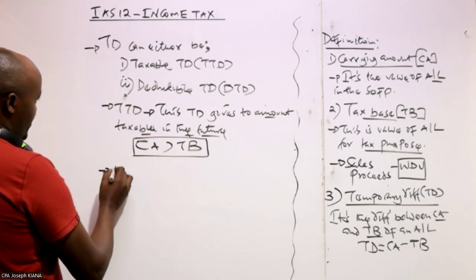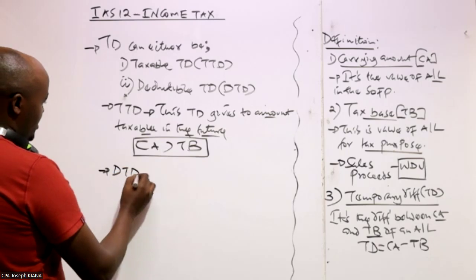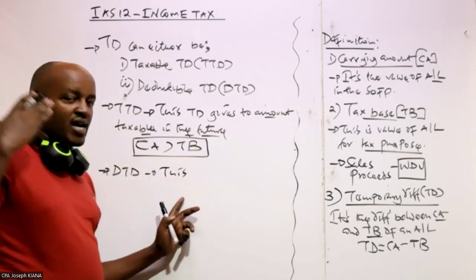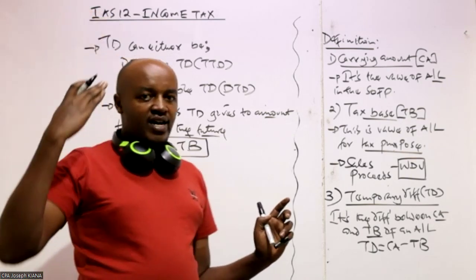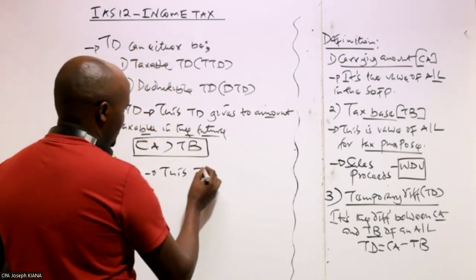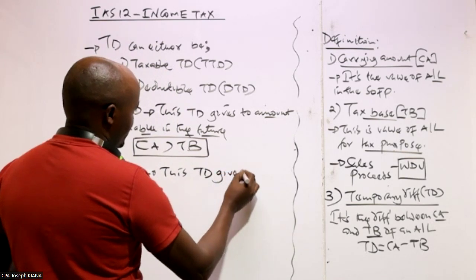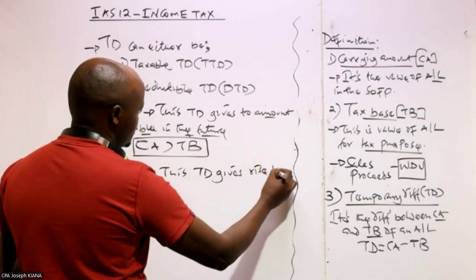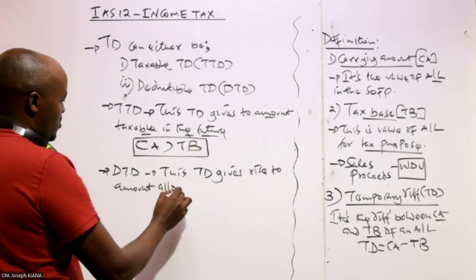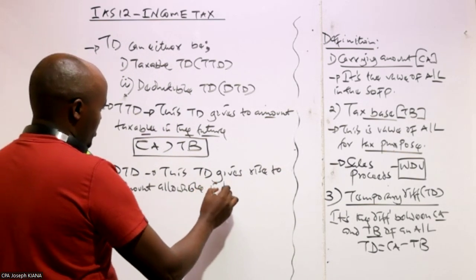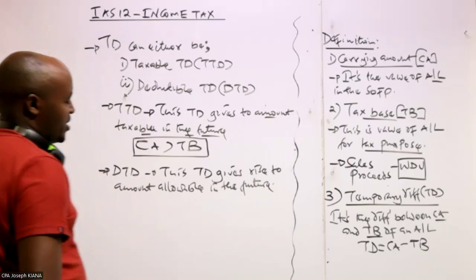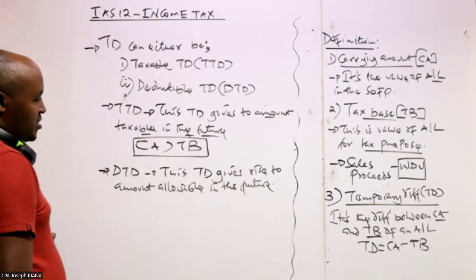So then from there we have the deductible temporary difference. And this one gives rise to amounts which will be allowable in the future whenever the company sells an asset or settles a liability. So we can say this temporary difference gives rise to amounts allowable in the future when the company sells an asset or settles a liability.